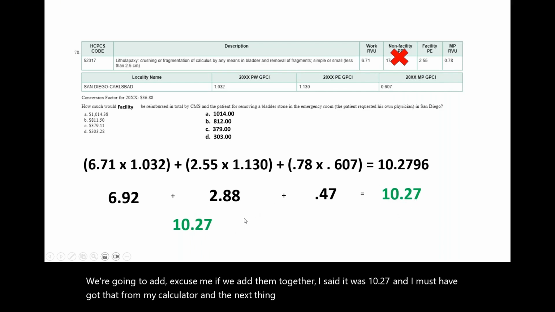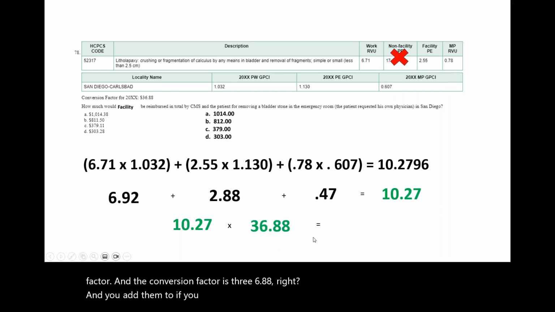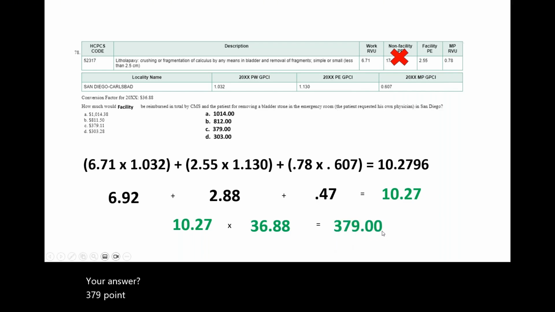And the next thing I have to do is multiply it by the conversion factor, and the conversion factor is 36.88, right? If you multiply them together, your answer is 379.00. C. That's my answer.